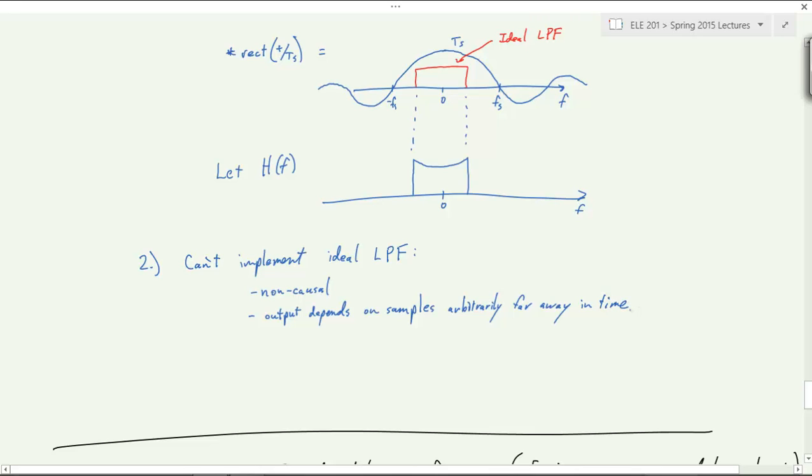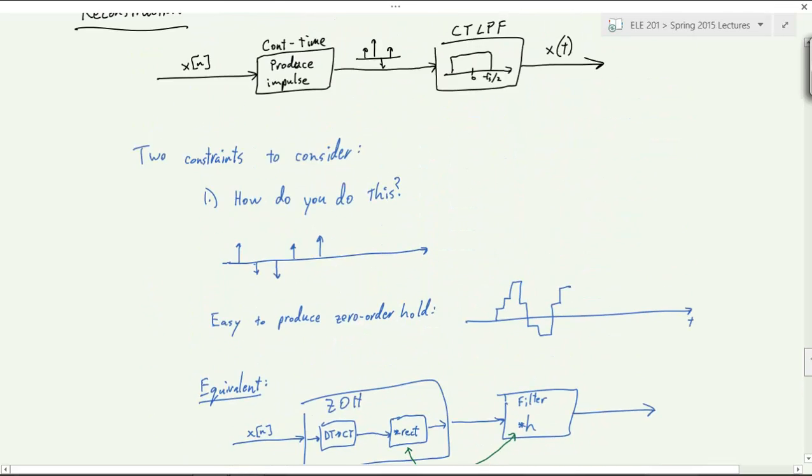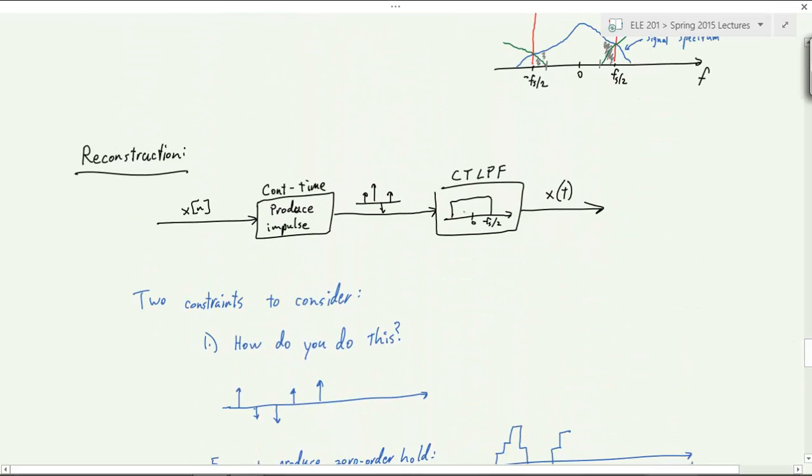So this can mean that, for example, the edges of your signal, if you turn this thing on and off, it'll have a bunch of ringing. But I guess the last issue is that you actually have to build this in a circuit, and you have limitations on what you can do in circuits, okay? Because this has to be done in continuous time. All right, so anyway, for various reasons, we can't do a filter that's exactly like that.